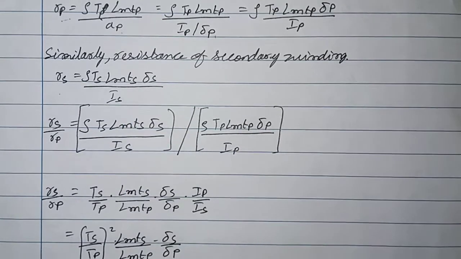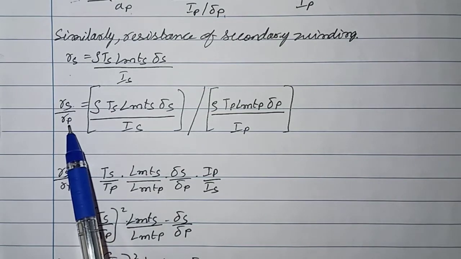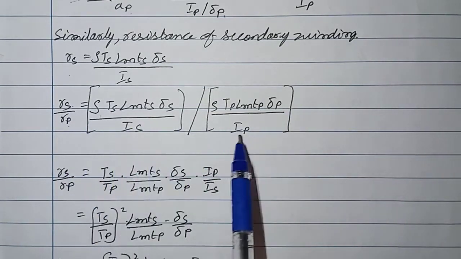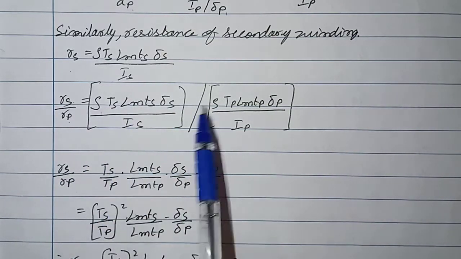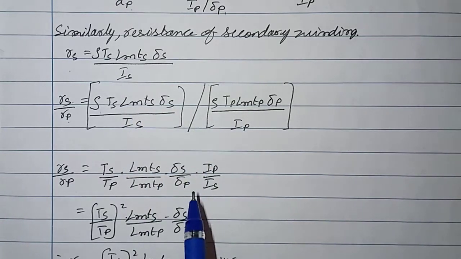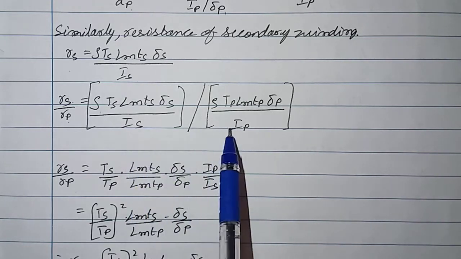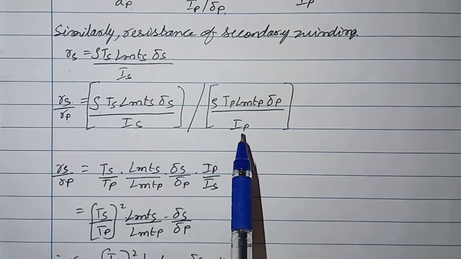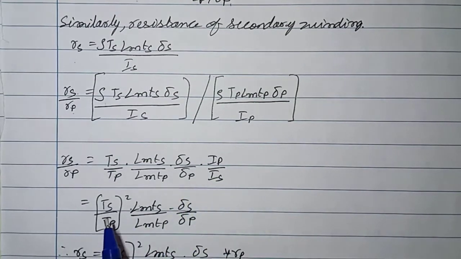Next we take the ratio, that is RS to RP, dividing the two and rearranging them: TS by TP, LMTS by LMTP, delta S by delta P, and then IP by IS. In the denominator we get the inverse of that, so then TS by TP square. How is this?